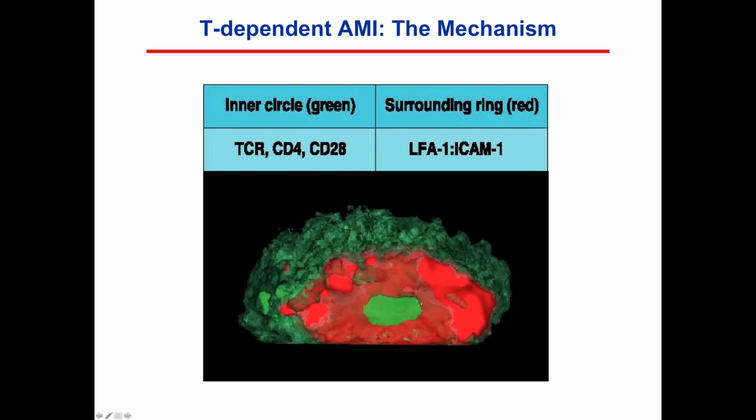In the green are the T cell receptors, CD4 and CD28, whereas in the red part you find the LFA1 interactions. So this corrals the interaction, increasing the concentration and the potency of the interaction between the two cells.